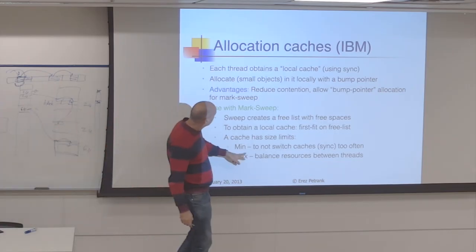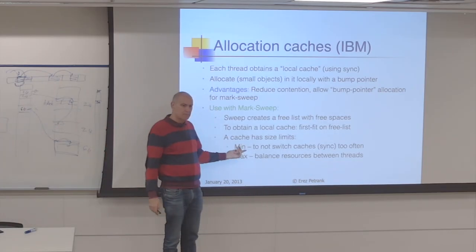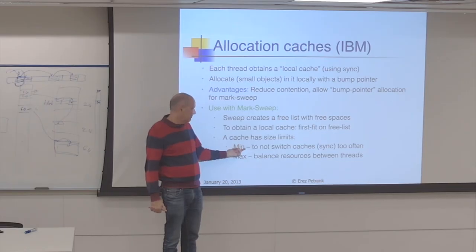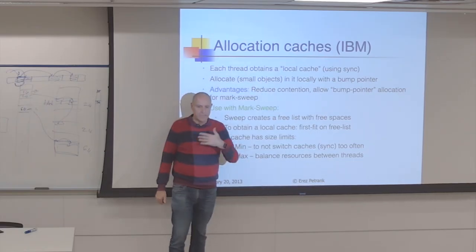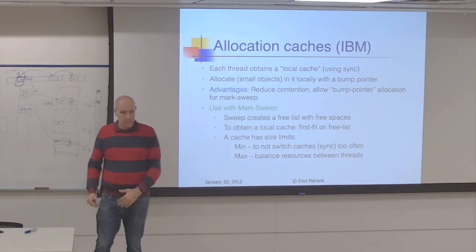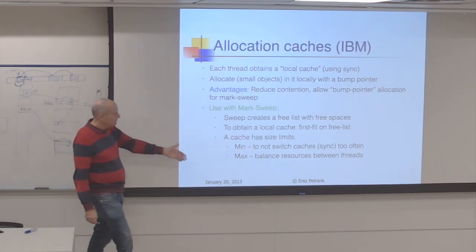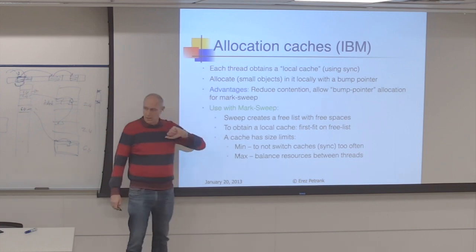They didn't say what IBM did, but they say it's maybe at least 512 bytes, and the maximum would be maybe a mega. So you don't go beyond that, and you don't go below that, and it works very well.